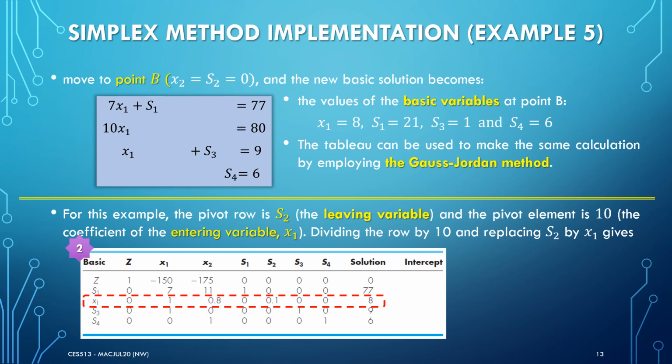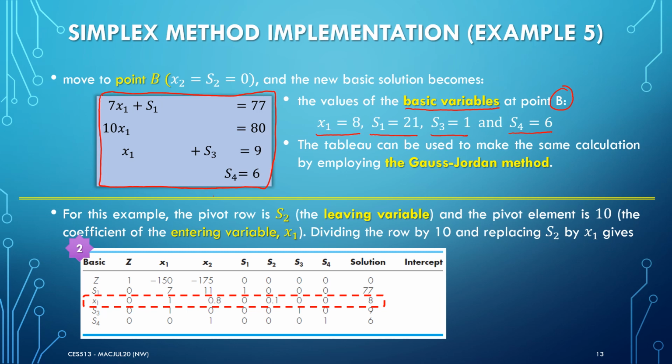And the new basic solutions become these new constraint equations. The solution of these equations effectively defines the values of the basic variables at point B. So we get x1 equals 8, s1 equals 21, s3 equals 1, and s4 equals 6.